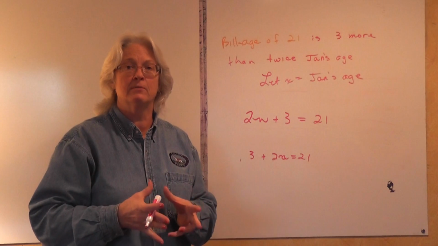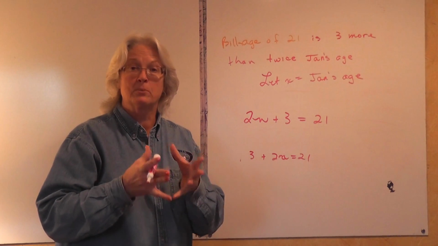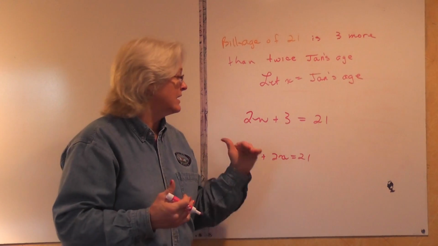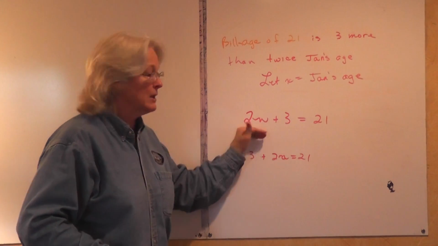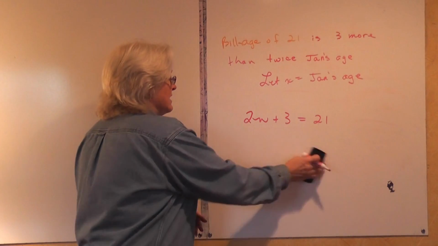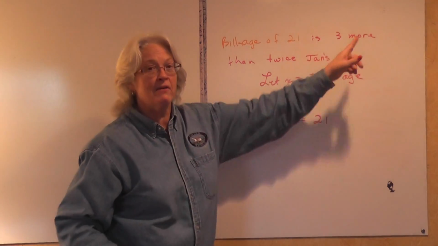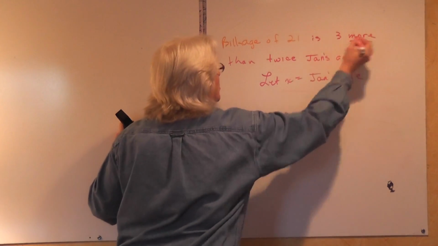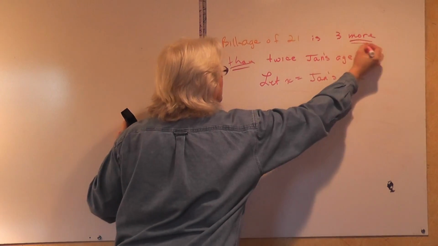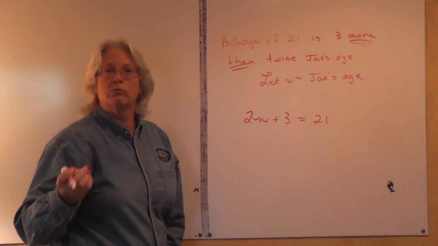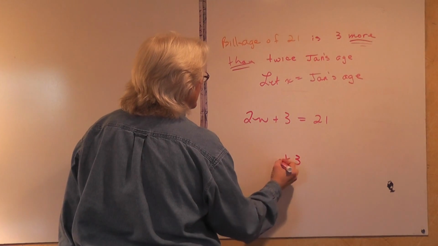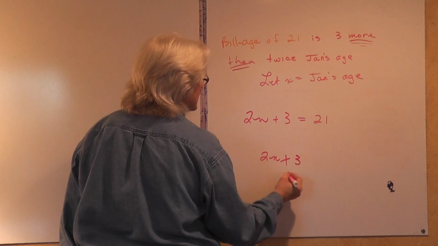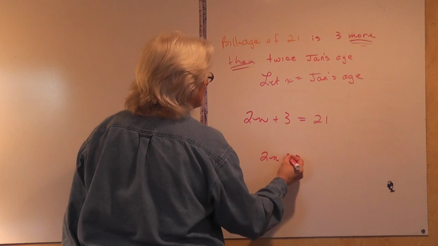But I want you to practice and get in the habit of writing exactly what has been said here. So what did we begin with? We began with twice Jan's age and we added 3. But here we have more than. When we have more than or less than, we can write that expression in reverse. 3 more than twice Jan's age is 21.